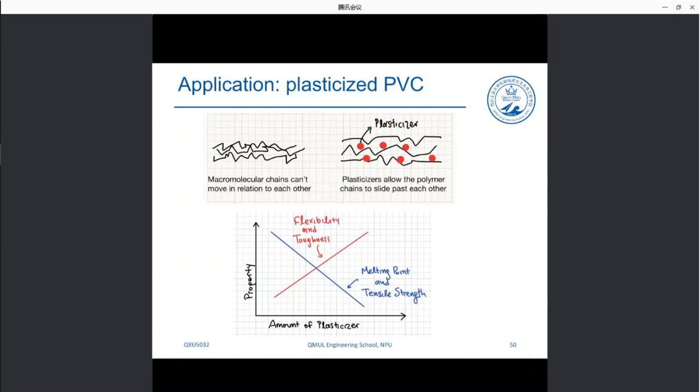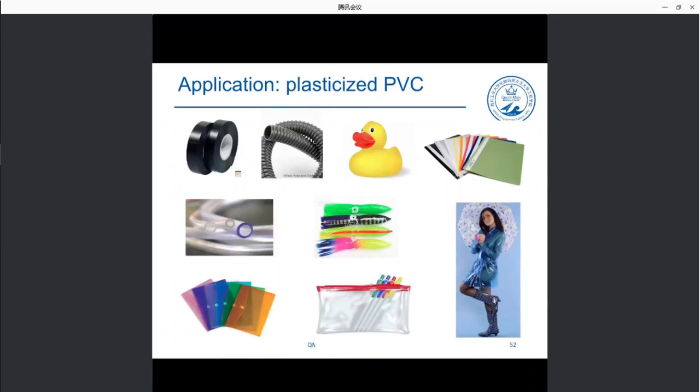And that is why PVC has been used in very soft materials, such as, I don't know, these ducks that I use when I'm bathing my daughter, or these cases for pens, or these very ugly coats or whatever.